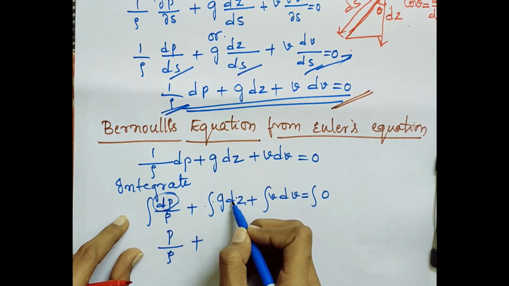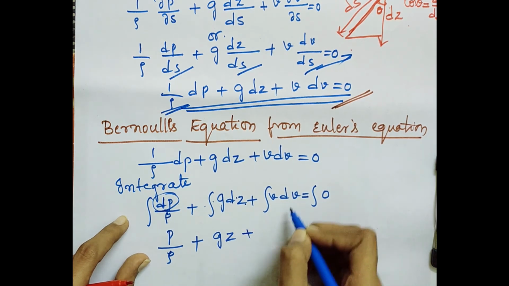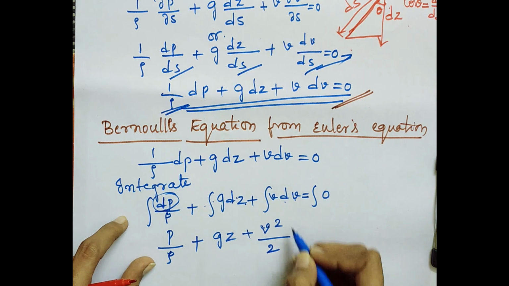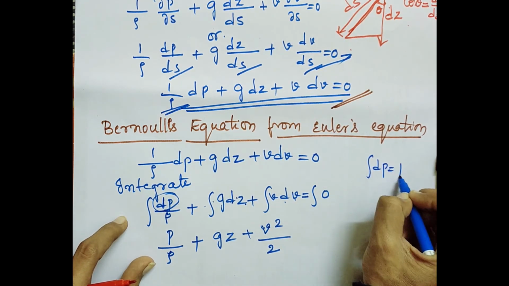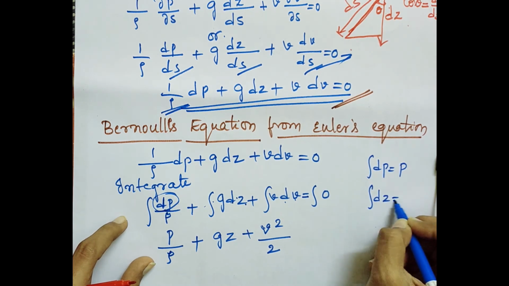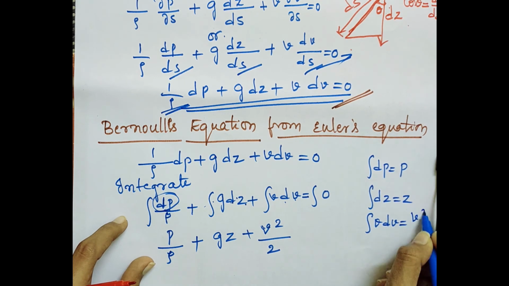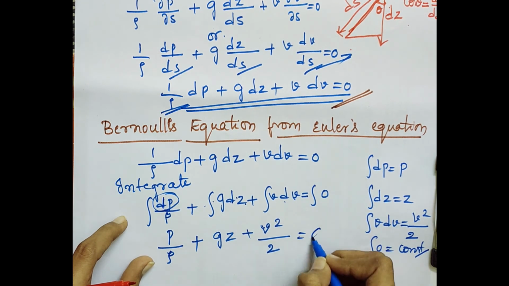So integral of dz is z, it is g into z, plus the integral of dv is v, so you will get v square divided by 2. So here I will write it: the integral of dp is p, the integral of dz is z, the integral of v with respect to v is v square divided by 2, and the integral of 0 is constant.